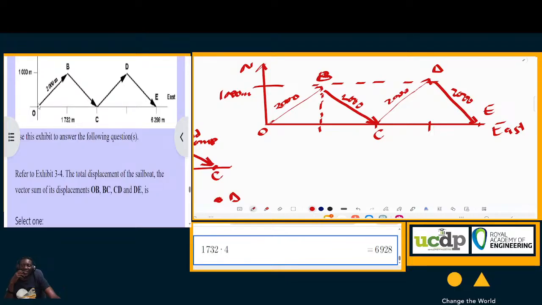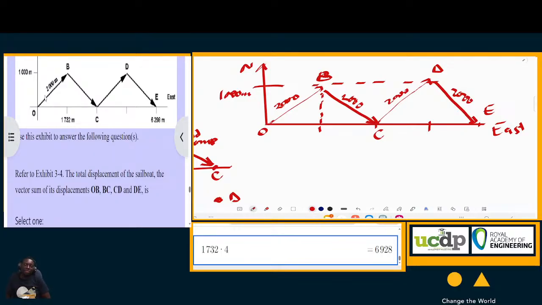Okay, let me say the height of this is 1,000 meters. And then from zero in a horizontal direction, it is 1,732 each, marking each passing movement, each marked point.